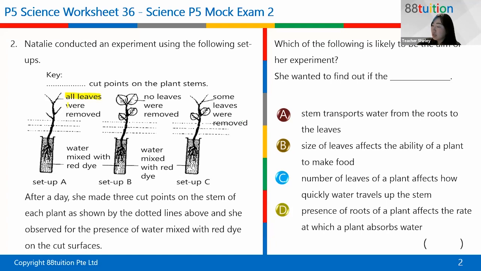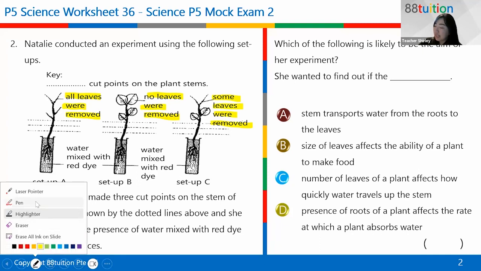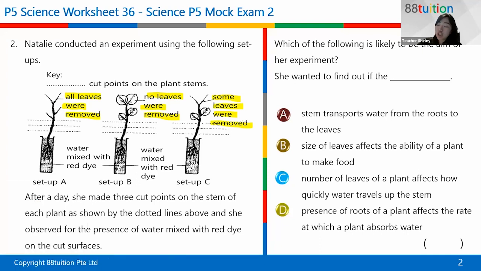See, all the leaves were removed. Okay, no leaves were removed. Some leaves were removed, right? And then all of them. So basically, in any experiment, you have to identify the change variable. In any experiment, there should only be one change variable.